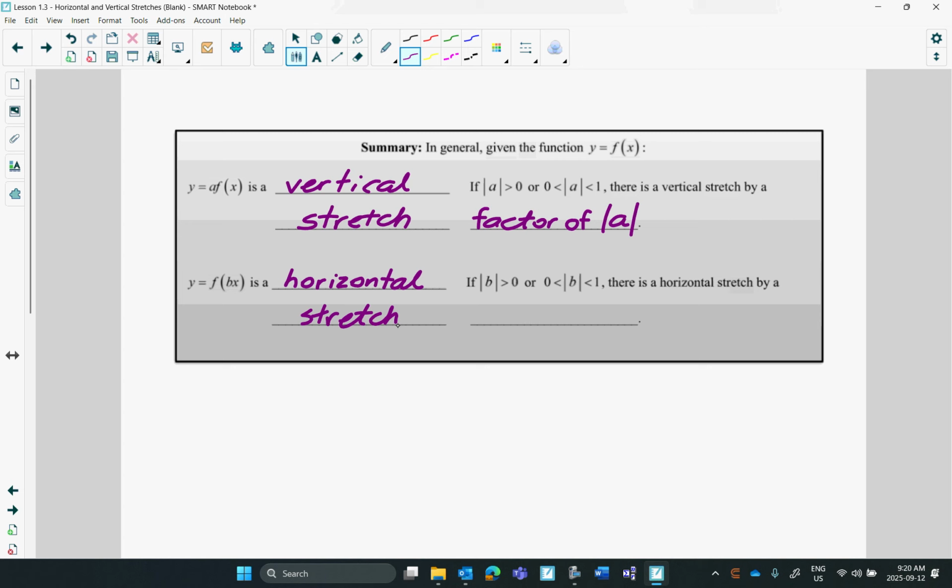Regardless of whether b is bigger than 1 without the negative, or it's a fraction between 0 and 1, it's always a horizontal stretch by a factor of, can you tell me? If it's b, then the stretch is a factor of 1 over b. No negatives, so I'm going to put an absolute value. Excellent.